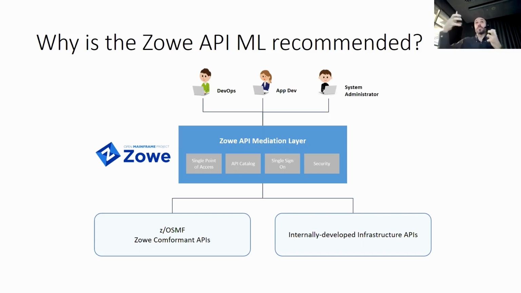There's a special wizard that's part of the API catalog that facilitates that. You don't need to make any code changes to those APIs whatsoever. And the benefit of that is that they can then be seen and documented alongside all the other vendor produced Zowe conformant APIs inside of the API catalog.